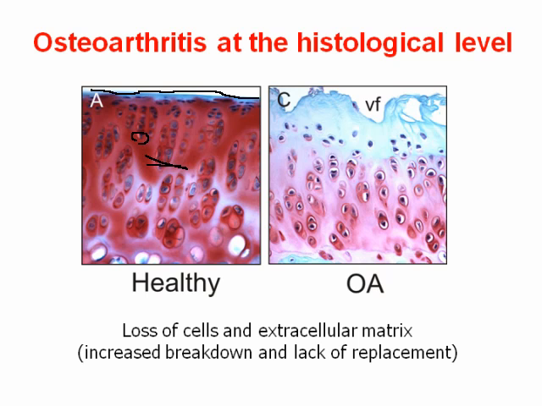If you now go to the right panel, that is labeled OA for osteoarthritis, it looks very different. First of all, the surface is no longer smooth. It has all kinds of irregularities, it's ruptured, it is in the process of breakdown. The other very obvious feature is that there's much less of the red stain.